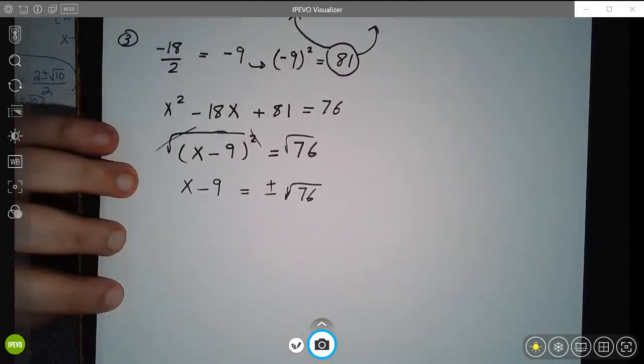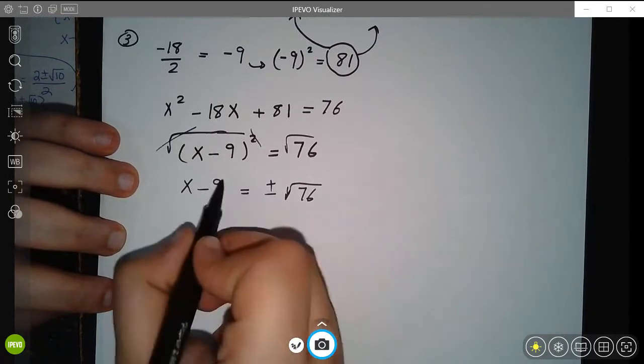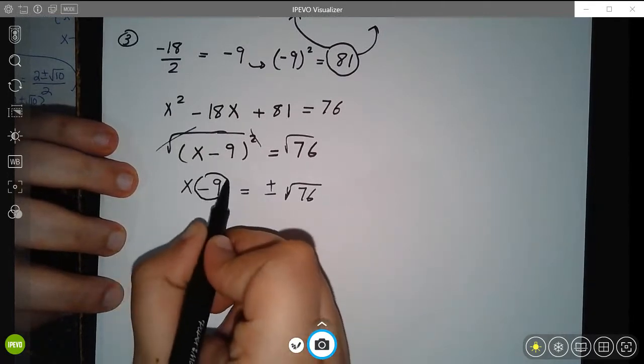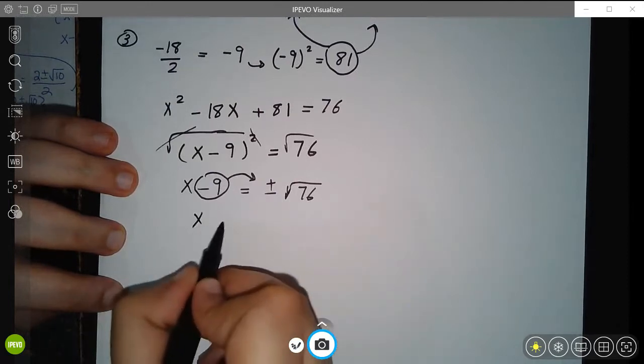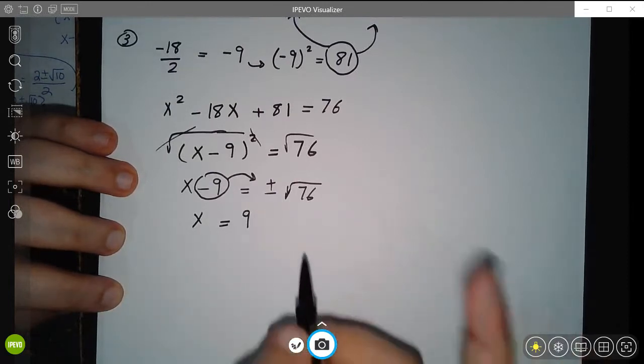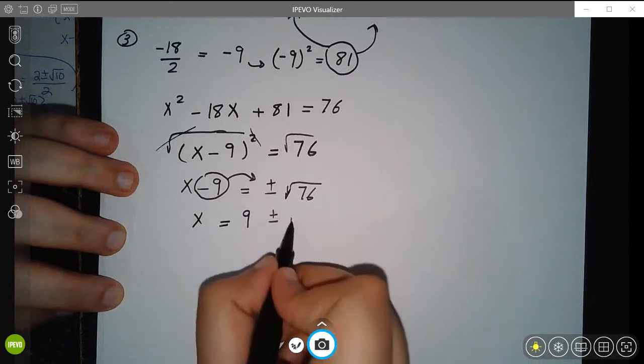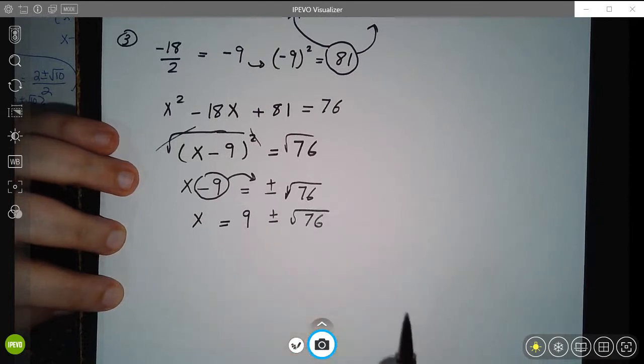Everybody with me? And last but not least, just grab the 9, move it to the opposite side, and x equals positive 9 plus or minus square root of 76.